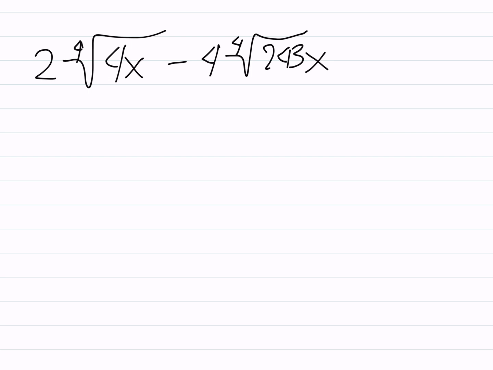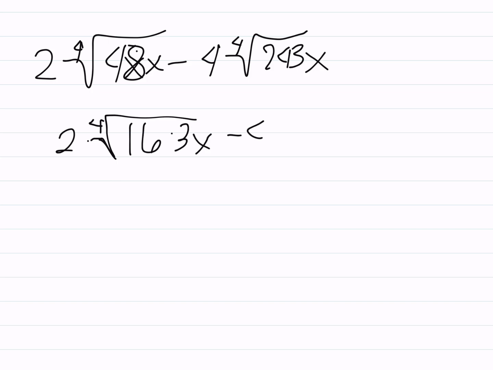Okay, we are looking for the fourth root. Okay, 48x. So 2 times the fourth root of, now what's the factor of 48 that is a perfect fourth power? Of course, 16 times 3x minus 4.